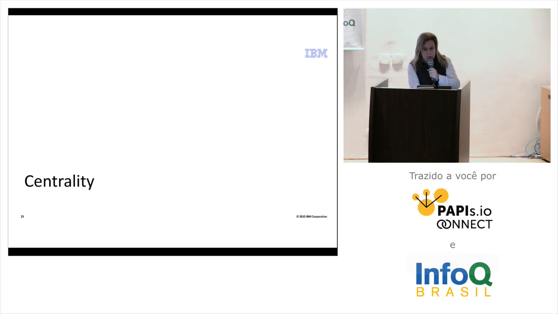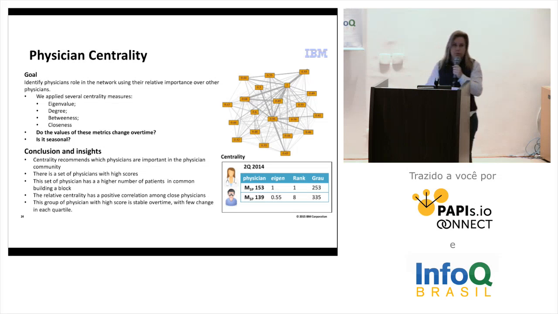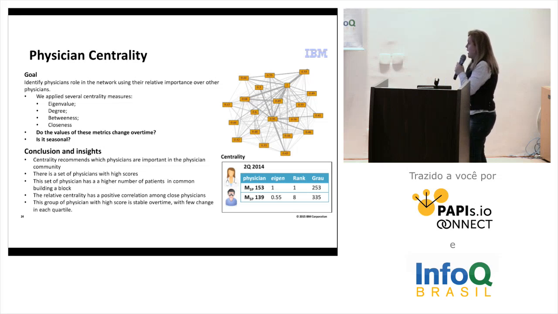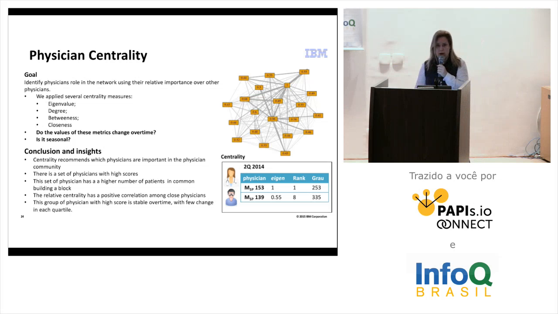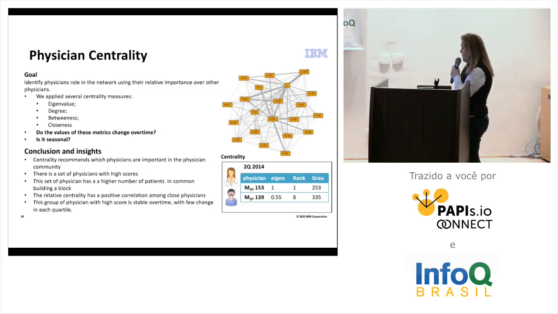We also look at centrality. In our network, we apply the centrality metric. We use 4 different centralities: the eigenvalue, the degree, the betweenness, and the closeness. Even though these metrics do not have the same meaning, they keep stable. What was the top in one was the top in the other metrics too.